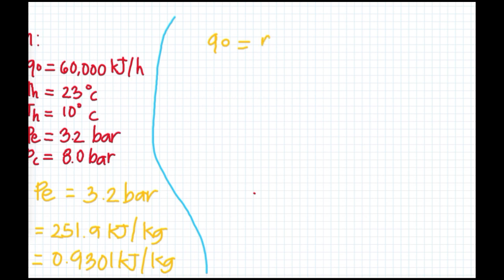The expression for the house heat loss is equal to the mass flow rate of the refrigerant times the quantity of the specific enthalpy of the vapor minus the specific enthalpy of the liquid.